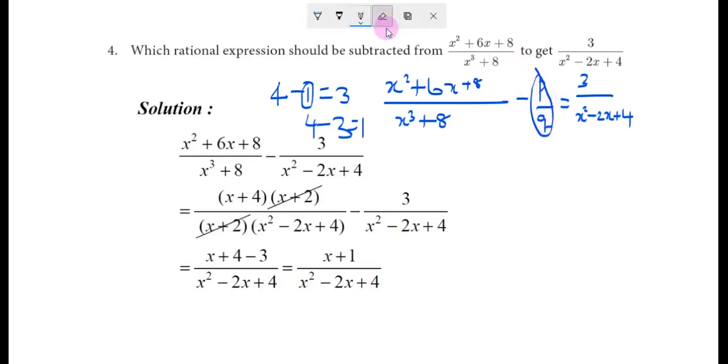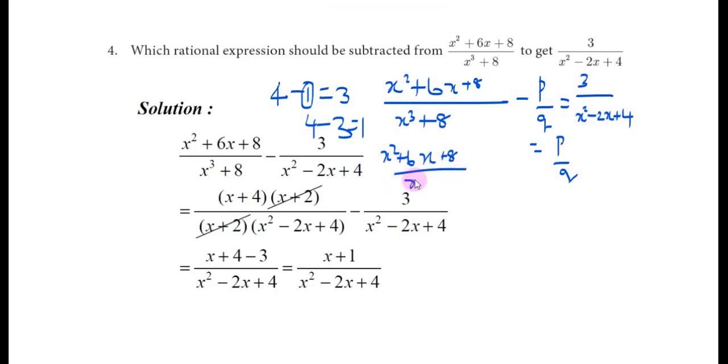Simple thing, move this p by q to the right side, so this will be plus p by q. Understood? And move this 3 by (x square minus 2x plus 4) to the left side. Already we have (x square plus 6x plus 8) by (x cube plus 8).